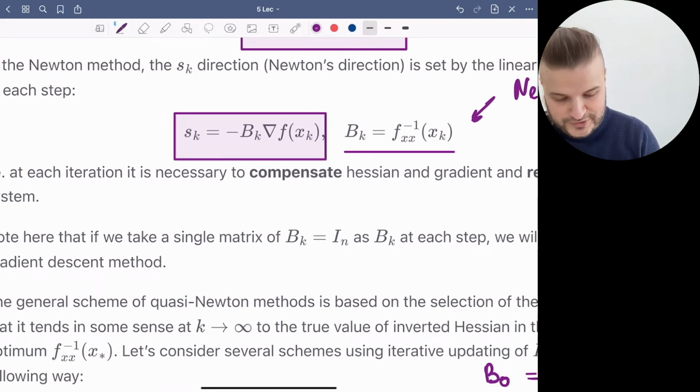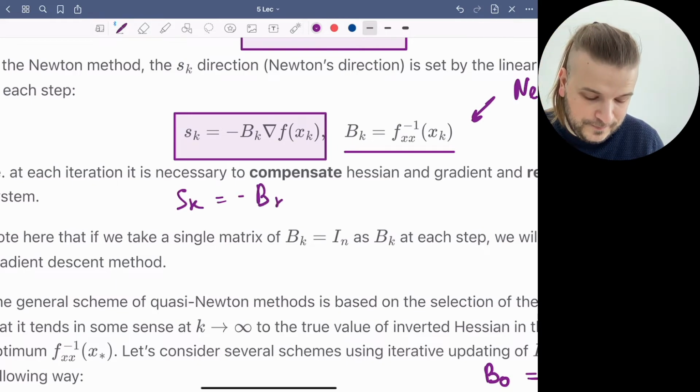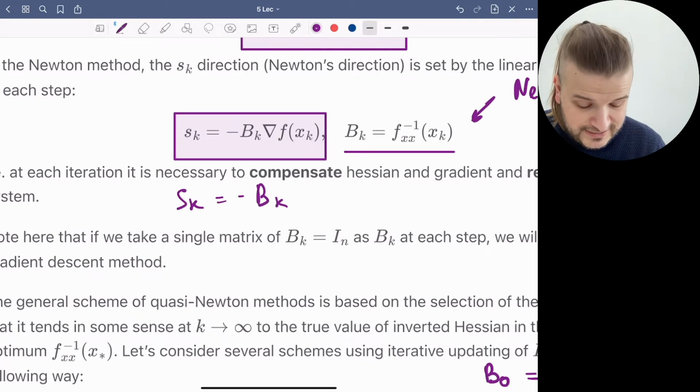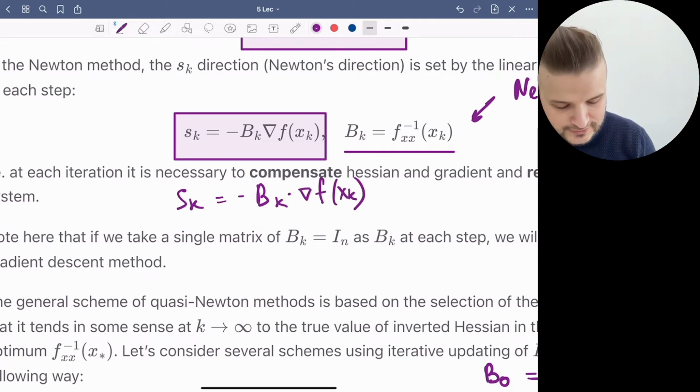For example, it means that at each iteration you will need not a cubic complexity, but a squared complexity, because you'll only need to multiply this by this. Or we can even calculate the following thing.